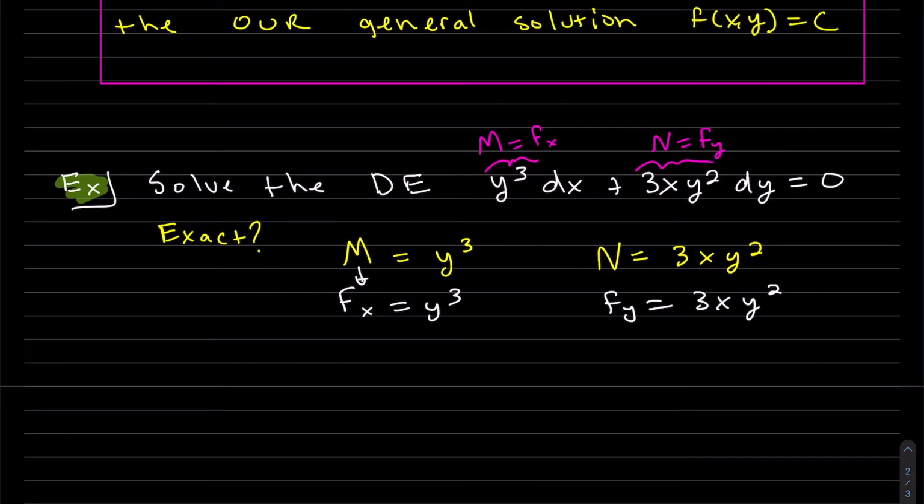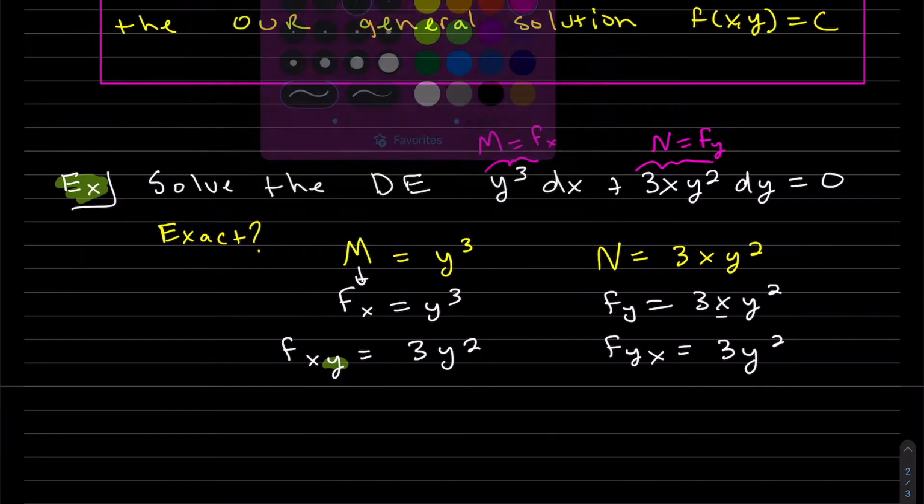So f of xy is 3y squared, because it's in terms of y. And the second one, f of yx, in terms of x, is just 3y squared. So yes, these are exact.